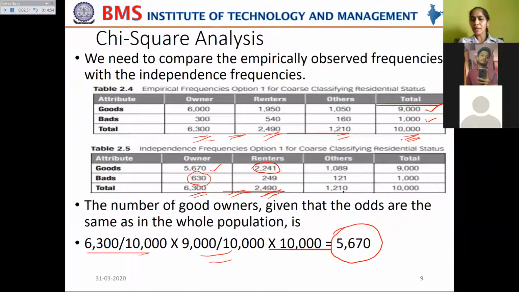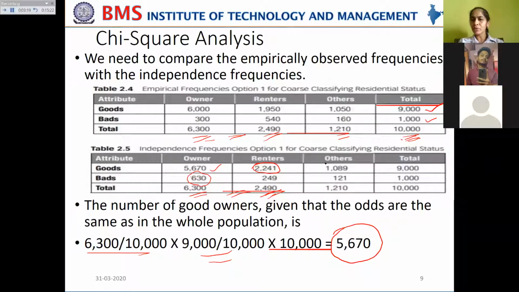In the same way you calculate for others: take the others category, 1,210, divided by the total number of data points, 10,000, multiplied by the total number of good payers, 9,000 divided by 10,000, multiplied by 10,000.